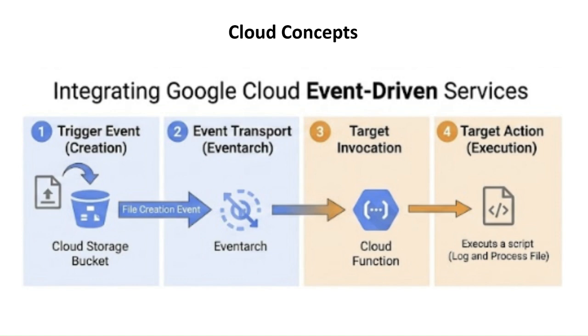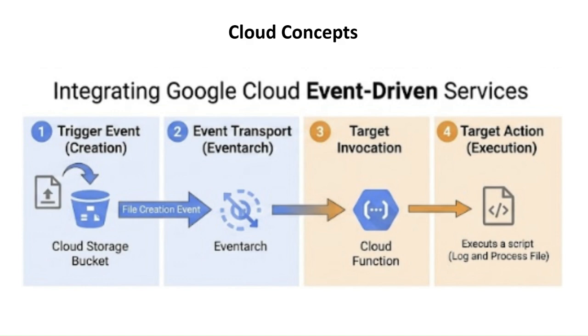From a concept point of view, we're going to talk about how a cloud function gets triggered. We're going to talk about how we store that data. So in this scenario, we're going to trigger a Node.js function using a cloud storage bucket.